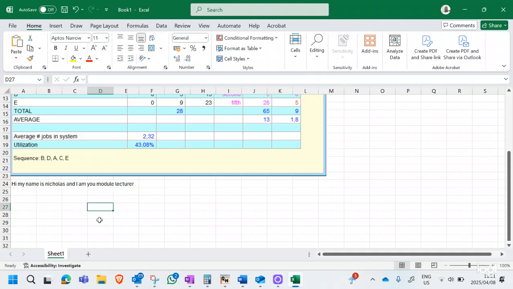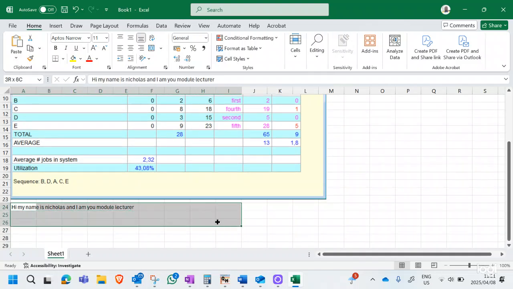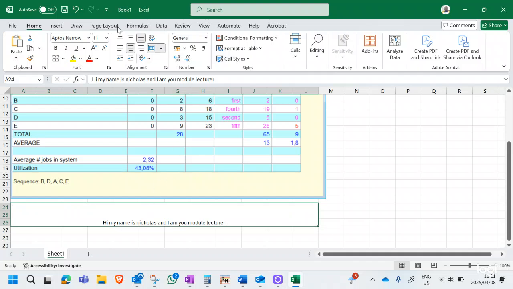And this is how we write on Excel, guys. If you're not happy with this, you can extend and merge.